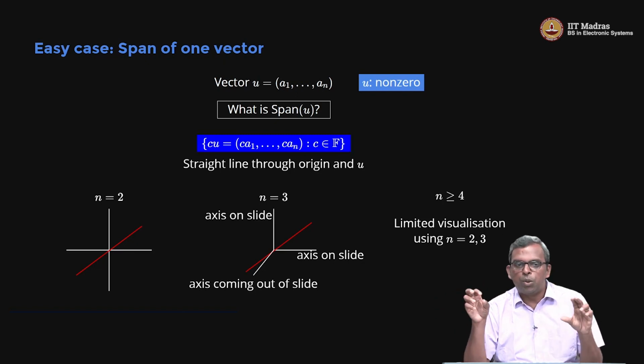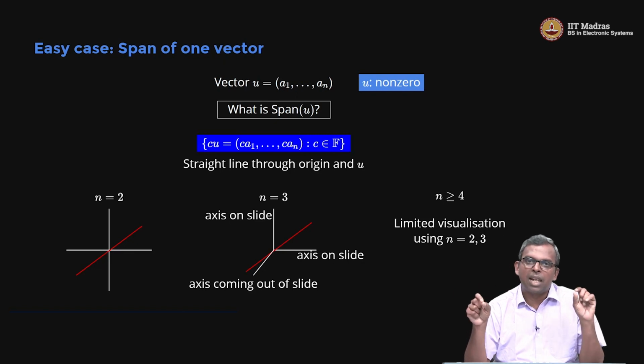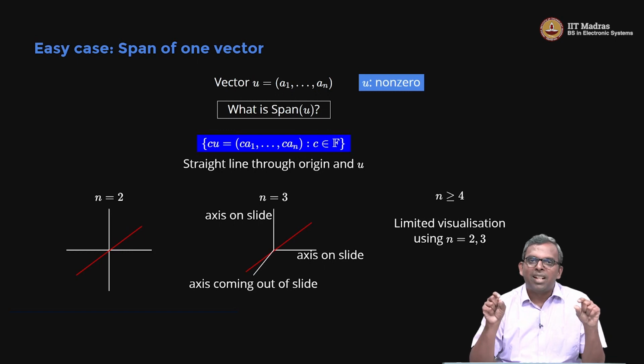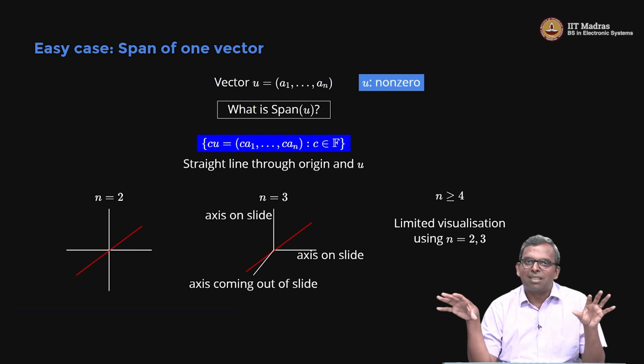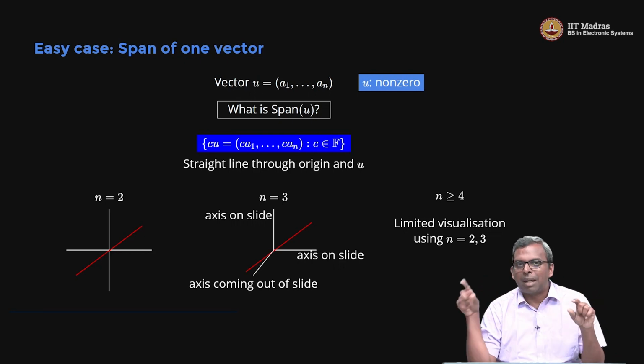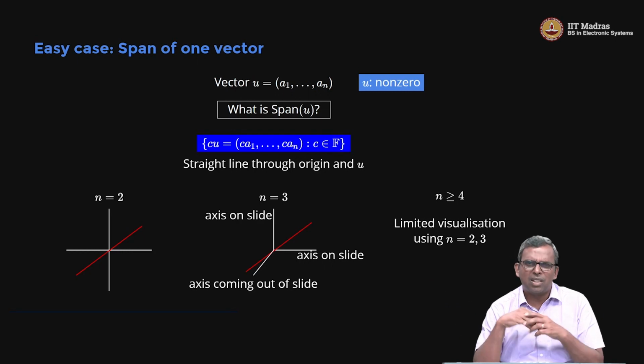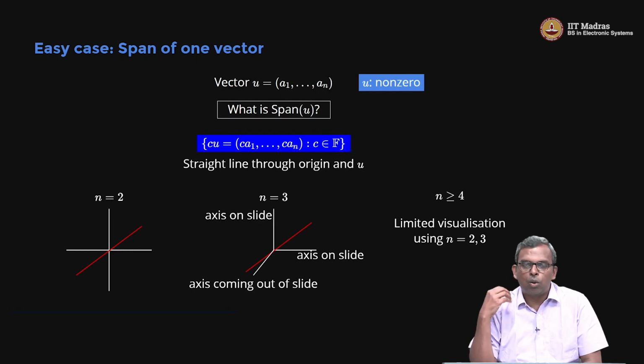So given w and u, you can easily determine whether w is a scalar multiple of u. Simply take each coordinate and divide by the coordinate of u. You should get the same answer, isn't it? If both are 0, that's okay. But if both are non-zero, then you have to divide and you should get the same ratio of the coordinates for all coordinates. So it's a very easy condition to check. Doing span membership for one vector is very easy.